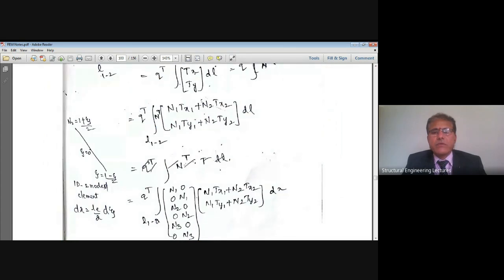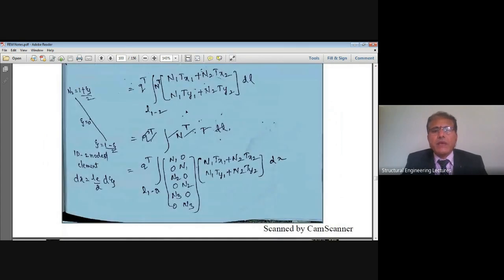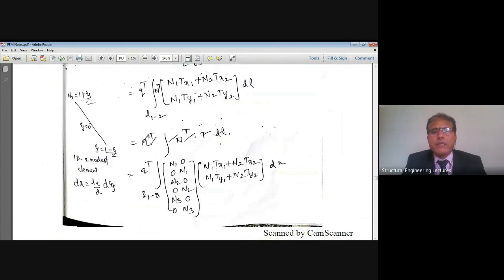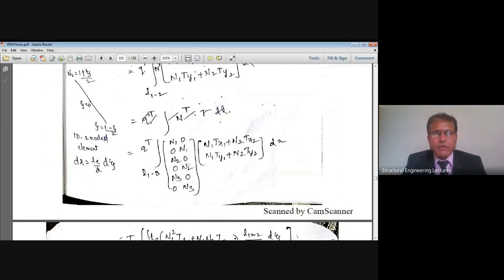Then now I'll write what N transpose means. This is n1 0 n1 up to 0 n3. This is a 2 by 6 matrix operated upon this n1 tx1 plus n2 tx2, n1 ty1 plus n2 ty2, right?